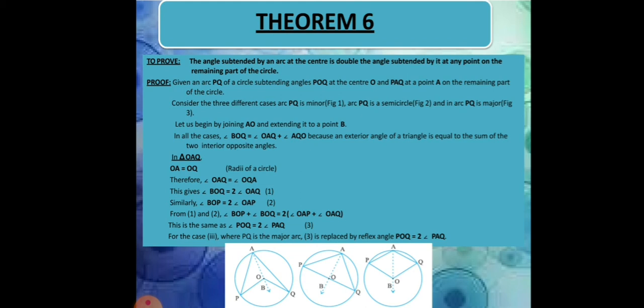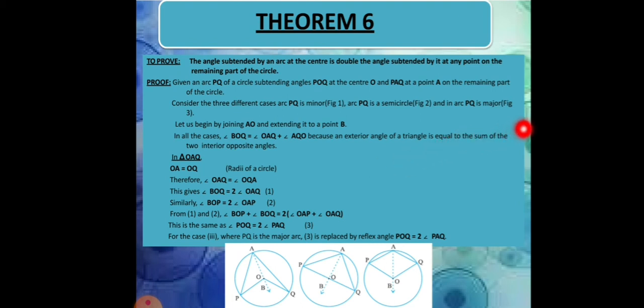Similarly, angle BOP is double of angle OAP. This is the second equation. When we add the first and second, we get angle BOP plus angle BOQ equal to 2 into angle AOP plus angle AOQ. See, these two angles sum to angle PAQ.